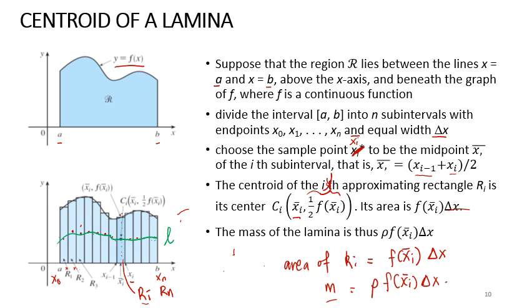For example, this is R1, then you have x1 bar, x2 bar, x3 bar, and so on. You just take the middle of each rectangle, so the centroid must lie somewhere on that line. Just now we mentioned the mass of the rectangle is given by the density times the area: density rho times f of xi bar times delta x.